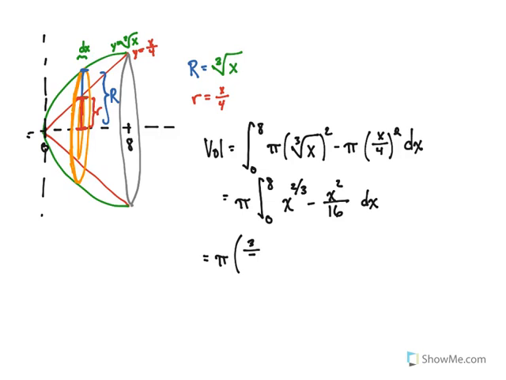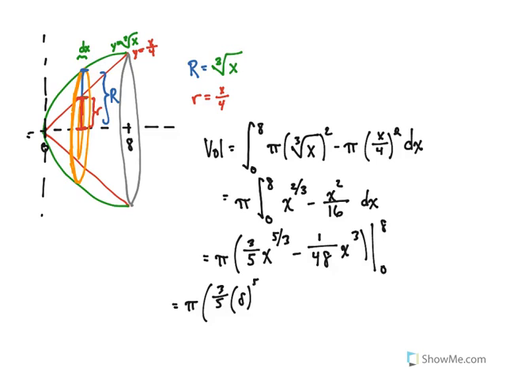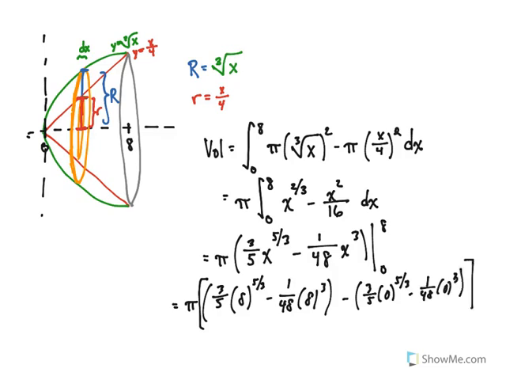That's going to be 3/5 x to the 5/3 minus 1 over 48 x cubed evaluated from 0 to 8, which will give us 3/5 times 8 to the 5/3 minus 1/48 times 8 cubed, minus plugging in 0, which does give us 0. And we would get our answer right there.